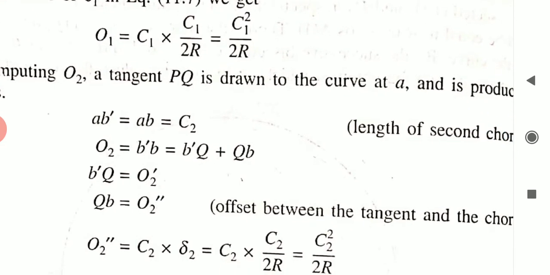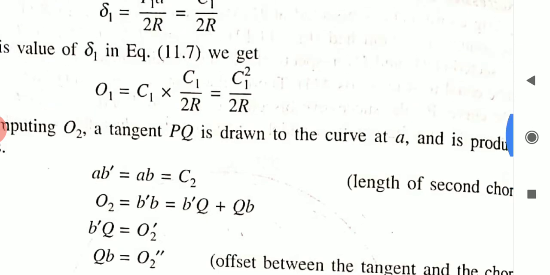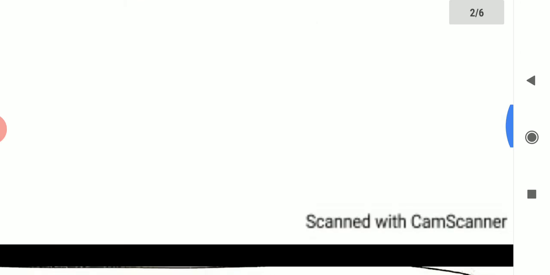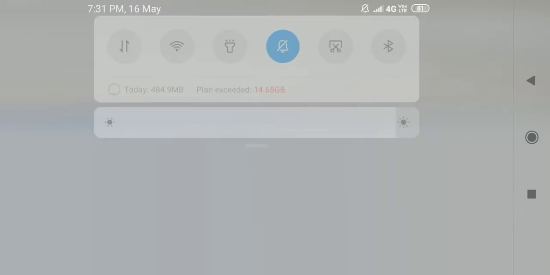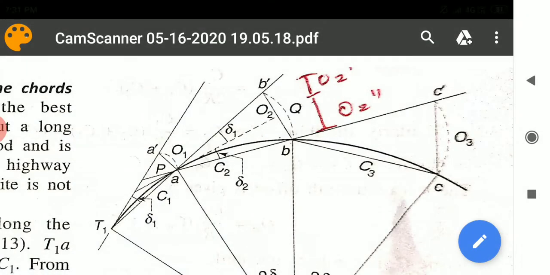Please refer to the diagram. AB dash equals AB equals C2.